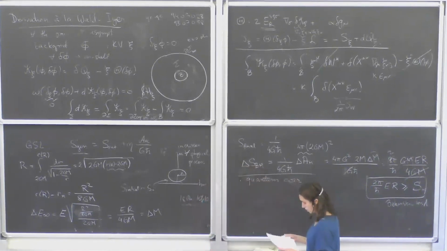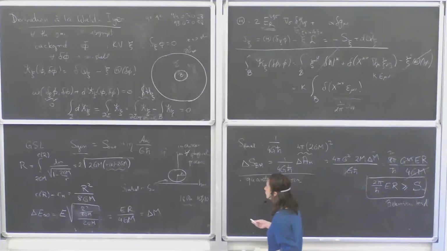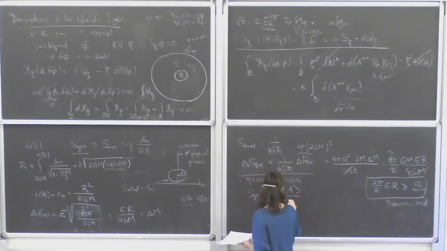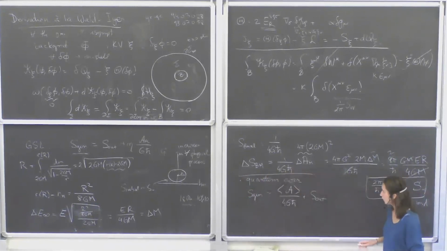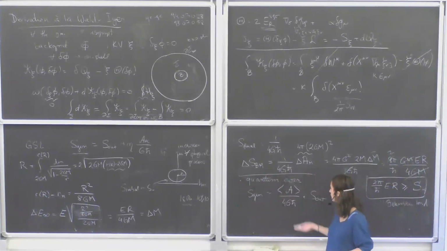So now if you want to consider quantum fields in your space-time, you basically want to come up with this generalized entropy, which is now going to be the expectation value of some area operator plus S out. Okay, so your geometry might be fluctuating.